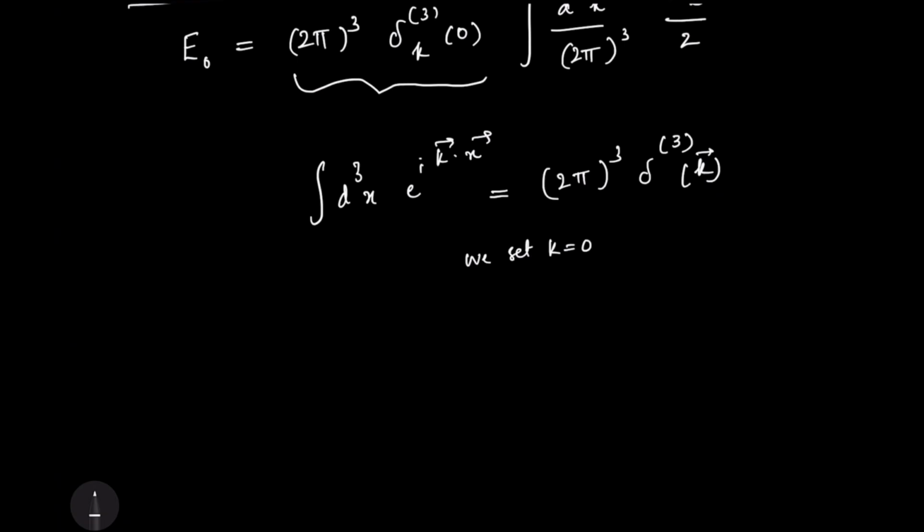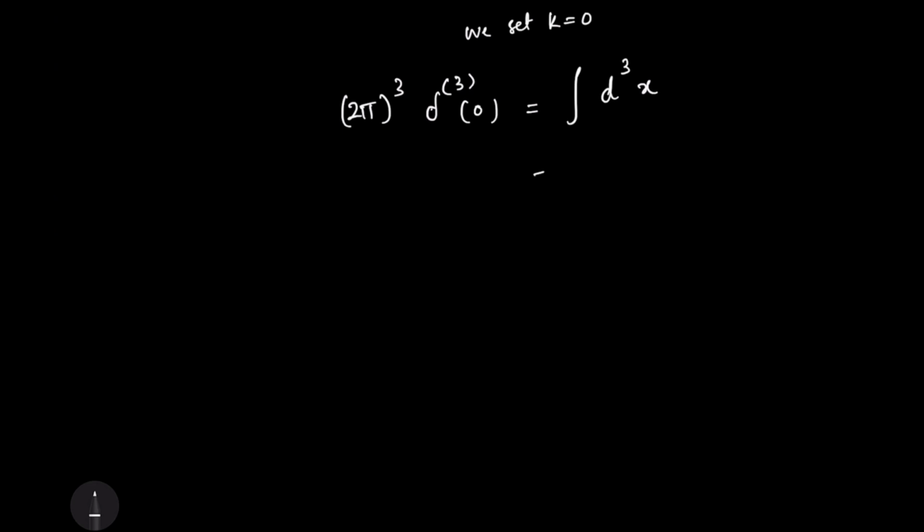If k is equal to 0, then you have 2 pi cube del cube of 0 is equal to integral d cube x, because e raised to 0 is 1. But we know that the integral of d cube x is the volume of the full space, right? So this quantity 2 pi cube del cube of 0 is nothing but the volume of the full space.